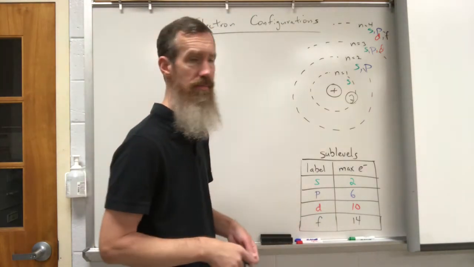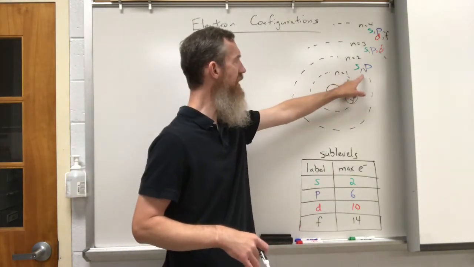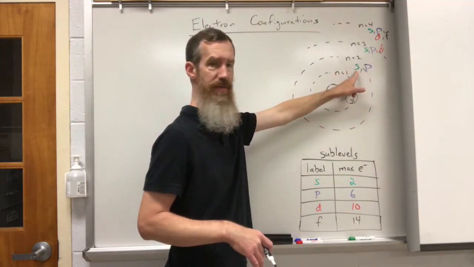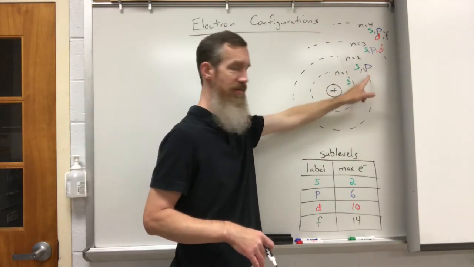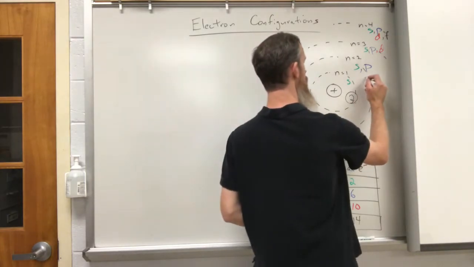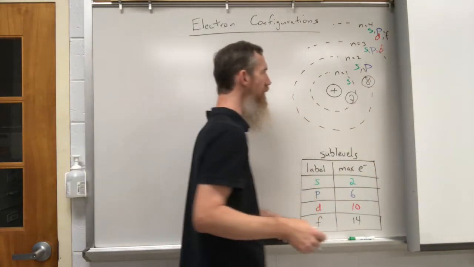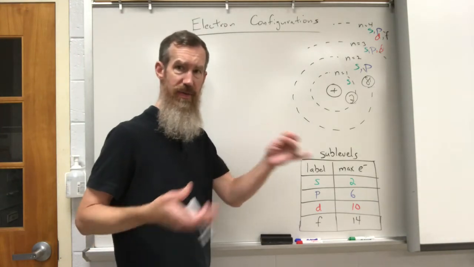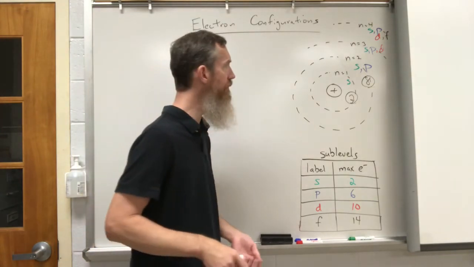The s and the p's together in the second energy level: I can have up to 2 of these versions of electrons, and up to 6 of those. That means I could have a total of 8 overall electrons in that second energy level. They're split between s and p's, but a total of 8.